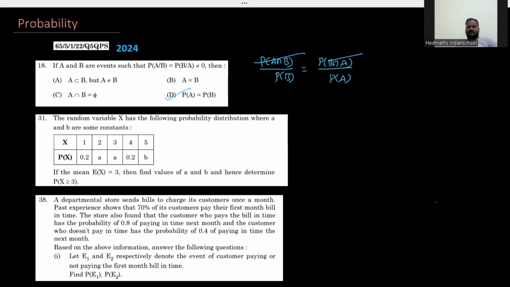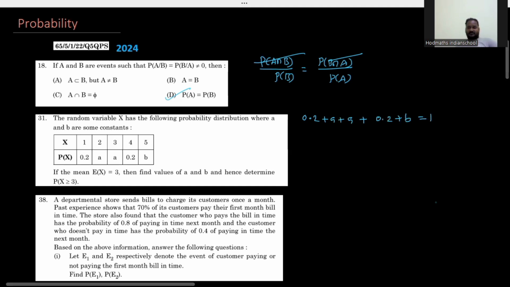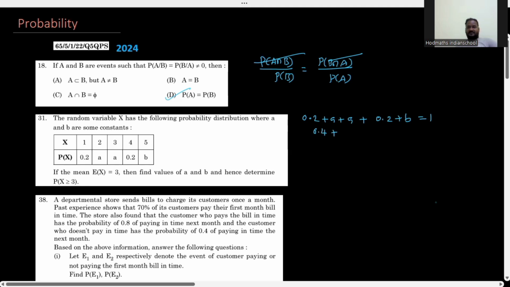So the sum is 0.2 plus a plus a plus 0.2 plus b is equal to 1. So 0.2 plus 0.2 is 0.4, plus 2a plus b is equal to 1. So 2a plus b is equal to 1 minus 0.4, which is 0.6.